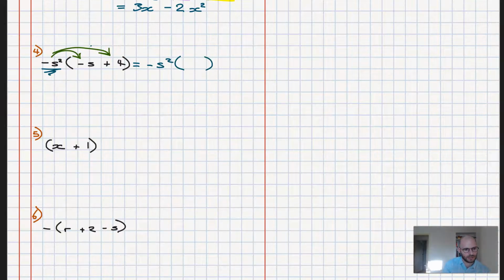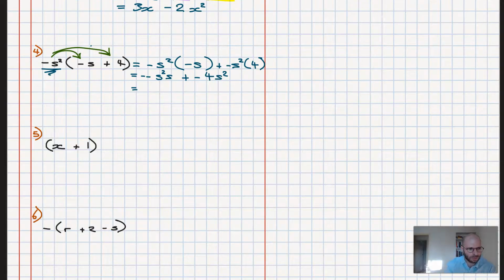Open the brackets and then put our minus s plus minus s squared. Then with our brackets, we put the plus 4. Simplifying this, we have a minus s squared times minus s, plus minus 4 times s squared, like so.